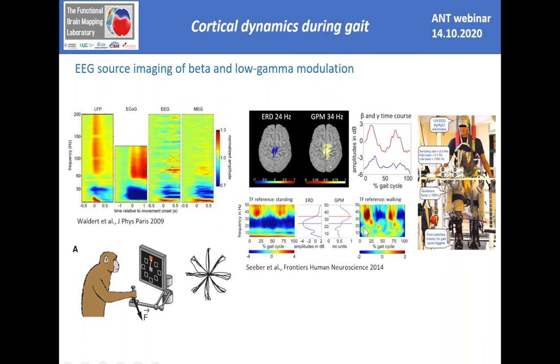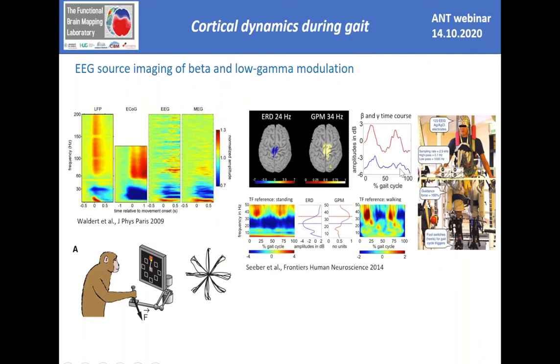And what fascinated us the most is why these frequencies are different, right? Because first we thought maybe the beta rhythm is going up and down, but that doesn't seem to be the case. And I show this here on the top. For beta frequencies, the suppression is biggest, while the modulation for these low gamma frequencies is highest, right?